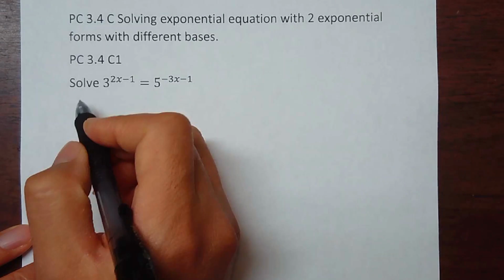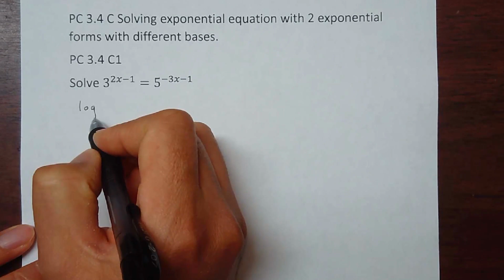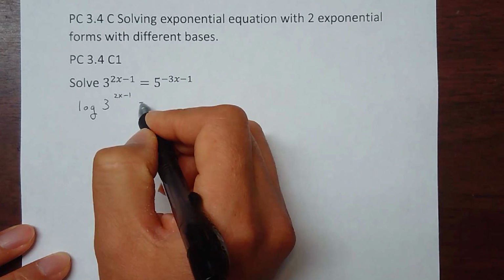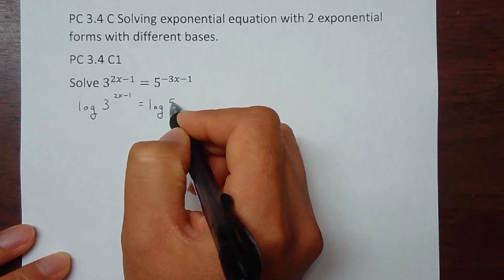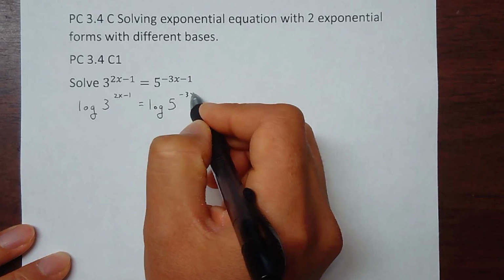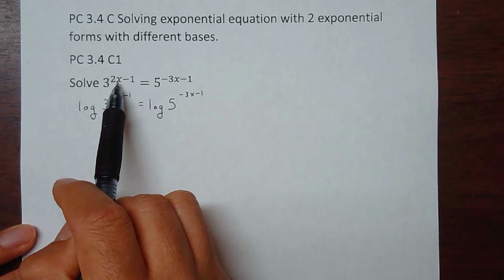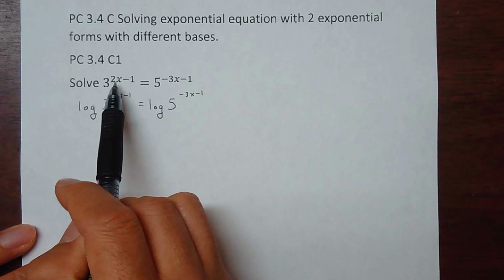So let me just take a common log. Log of 5 to the power minus 3x minus 1. You should know the reason we are taking log on both sides: x is in the exponent.